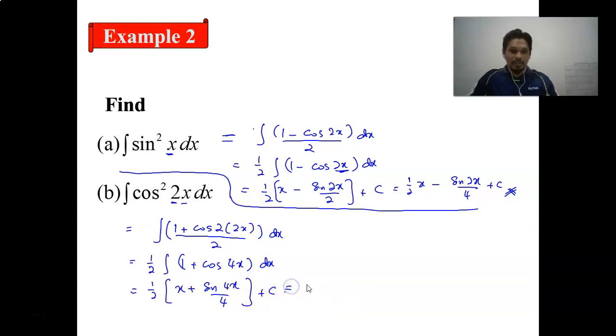Okay, so it is 1 over 2x plus 1 over 2 times 1 over 4 here, which is sine 4x divided by 8 plus c.